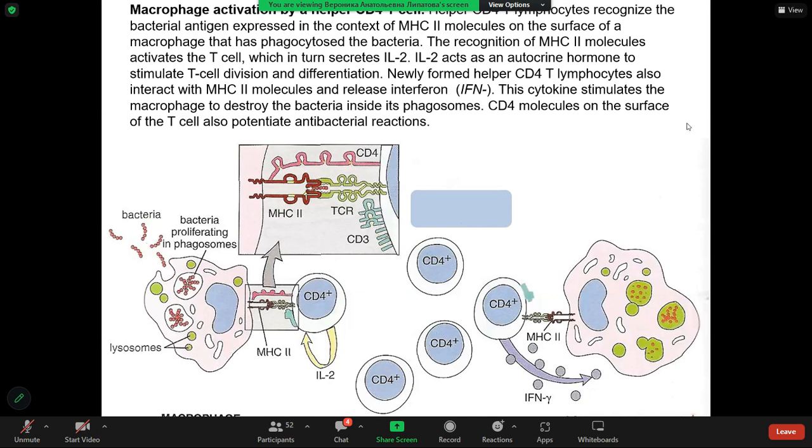This picture illustrates macrophage activation by the T helper cell, and you see the antigens, major histocompatibility complex 2, typical for T, B cells and macrophages.